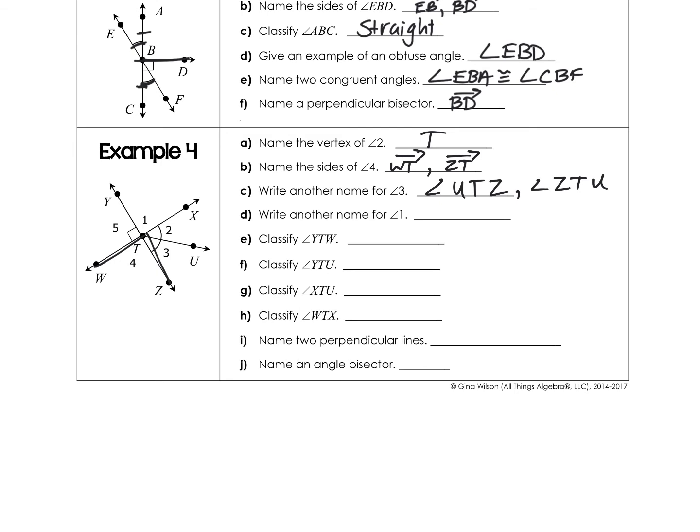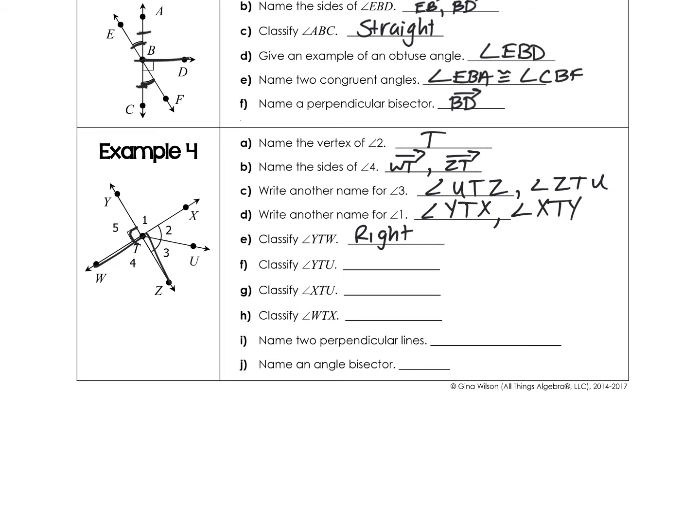Write another name for angle 1. Another name for angle 1 would be angle YTX, or you could also say angle XTY. Classify YTW. YTW is a right angle, and I can tell because it has the box at the vertex.